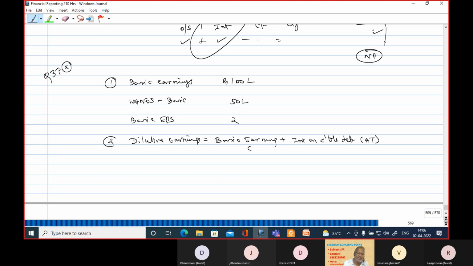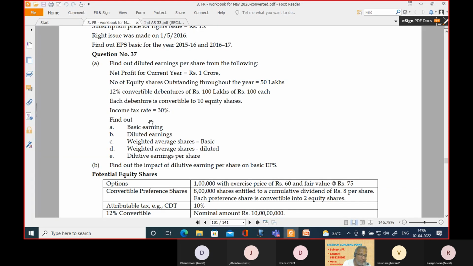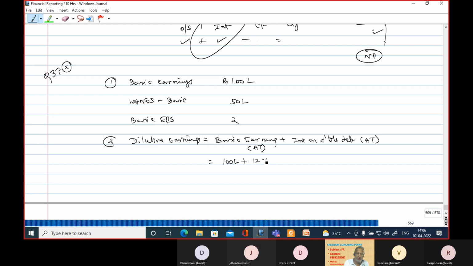Because this is after tax, that should also be on an after-tax basis. 100 lakhs plus 12% on 100 lakhs into the post-tax rate of 70%.